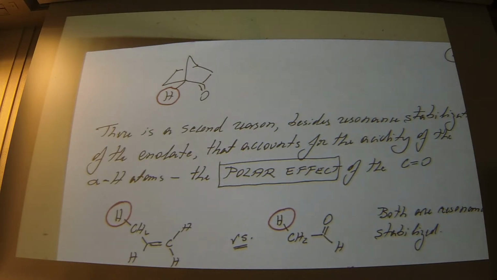Why is that going to be a really lousy enolate to form? Well, why was the acetophenone one easy? Because the enolate is resonance stabilized. So now the question is, why isn't this resonance stabilized?